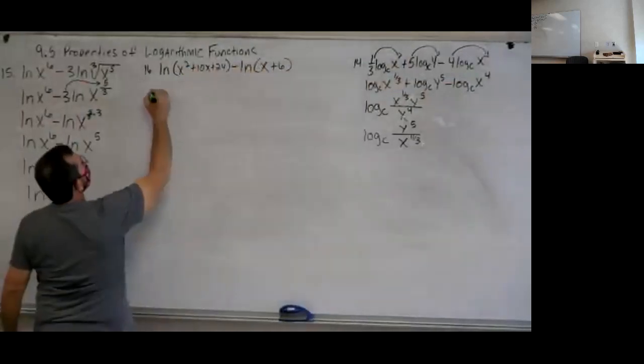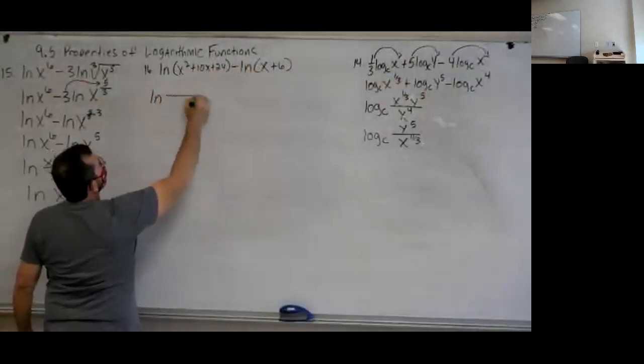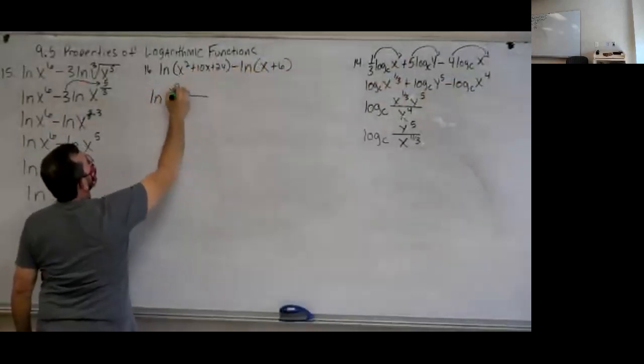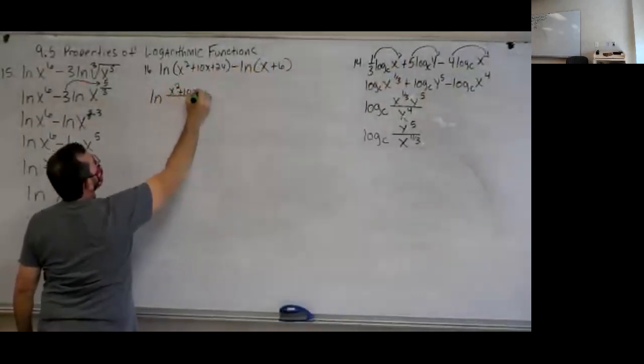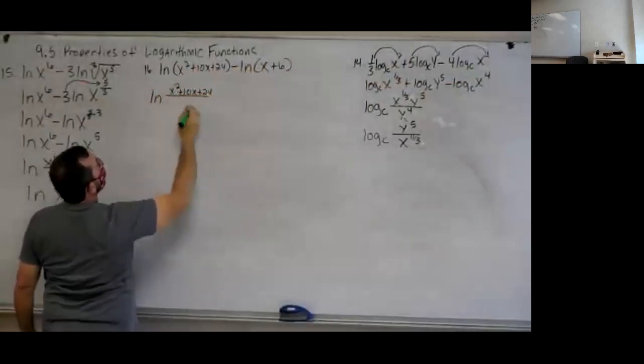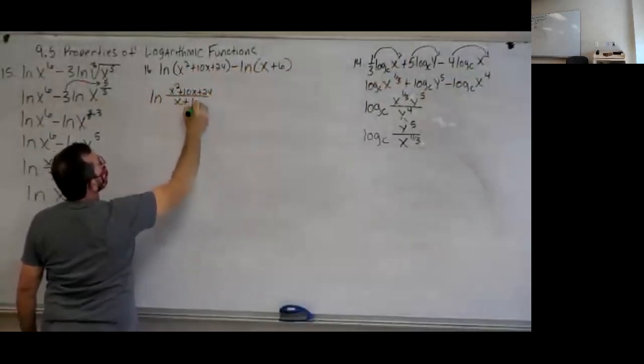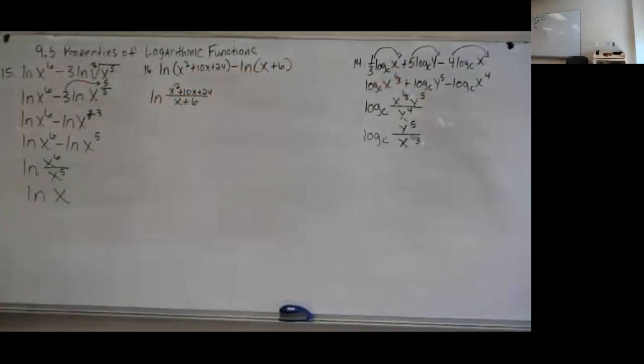So bring out that ln. Top of your fraction will be the x squared plus 10x plus 24. Bottom of the fraction will be x plus 6. And I don't have to use parentheses when I'm in fraction form, because the calculator knows that the top of the fraction and the bottom are technically in parentheses.